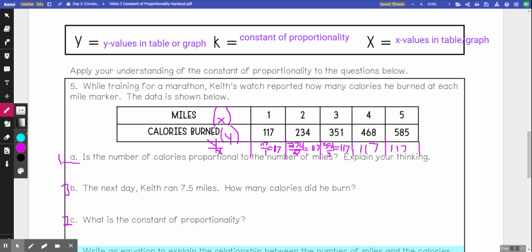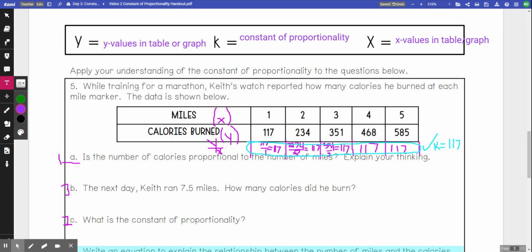So all of our ratios are the same here. Every single time we did our division, we got the same answer. That means that yes, these are proportional, and our constant of proportionality would be this ratio of 117.